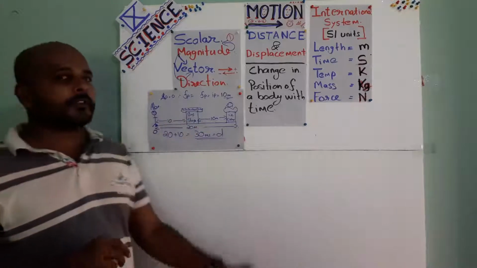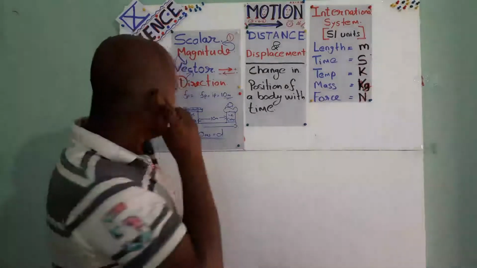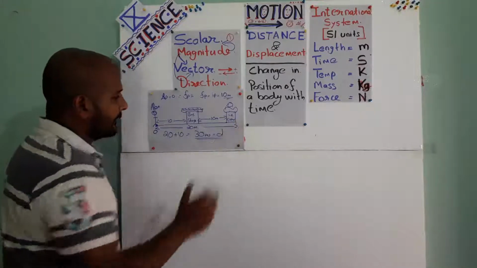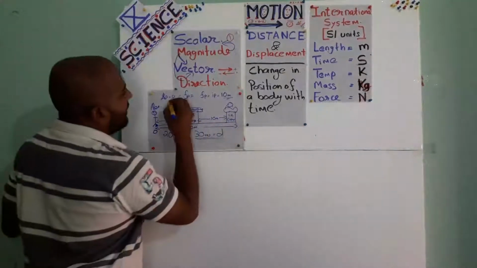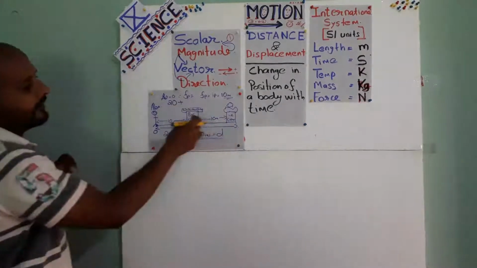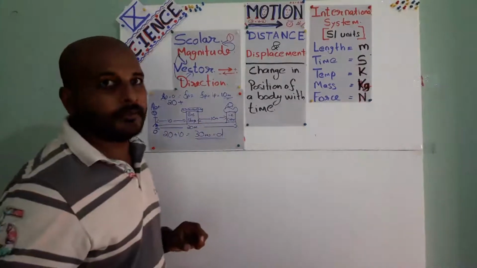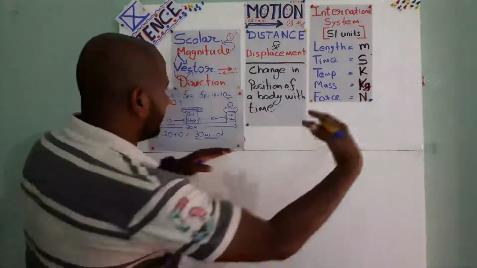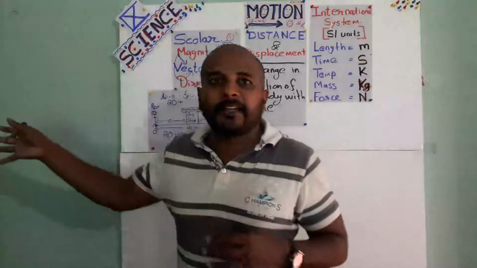Otherwise another equation is there. First he traveled 20. Just see this. First he traveled 20, plus then he is traveling 10. But in which direction is it going? It is going in the opposite direction.